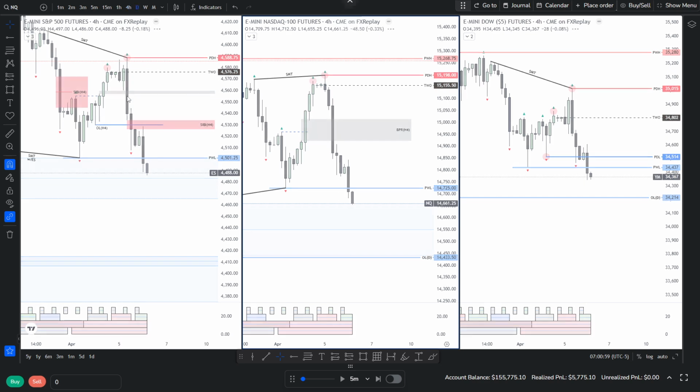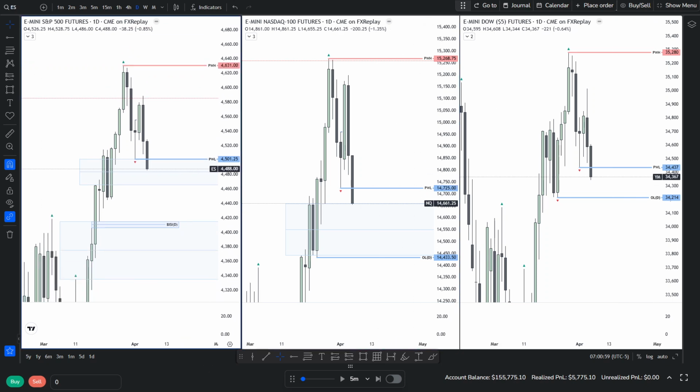So IOF, relative to the daily time frame, this IOF has switched bearish, confirmed by the market violating or disrespecting, whatever you want to say, violating the BISI daily, trading to and through. Okay.